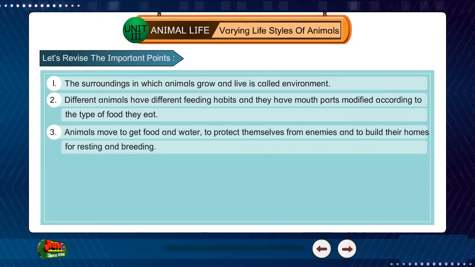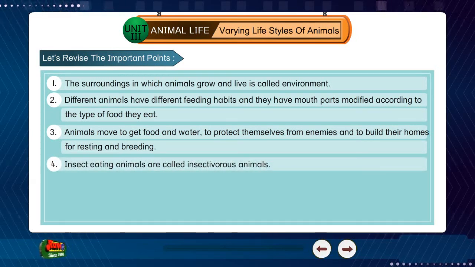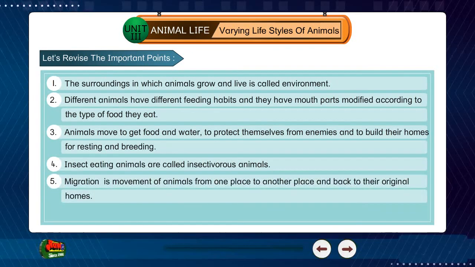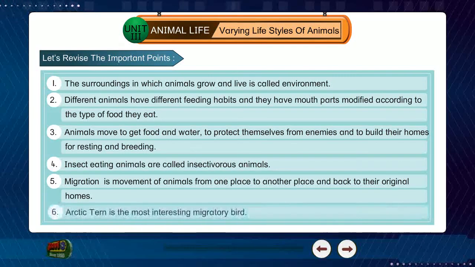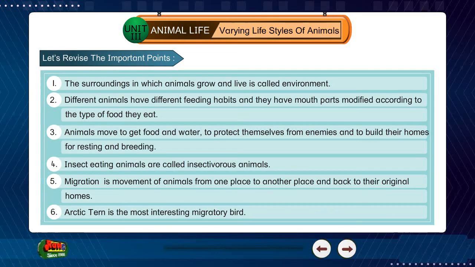Animals move to get food and water, to protect themselves from enemies and to build their homes for resting and breeding. 4. Insect-eating animals are called insectivorous animals. 5. Migration is movement of animals from one place to another and back to their original homes. 6. Arctic tern is the most interesting migratory bird.